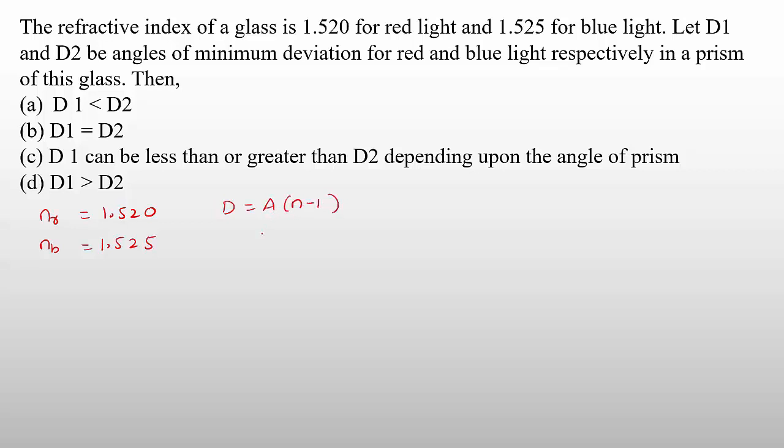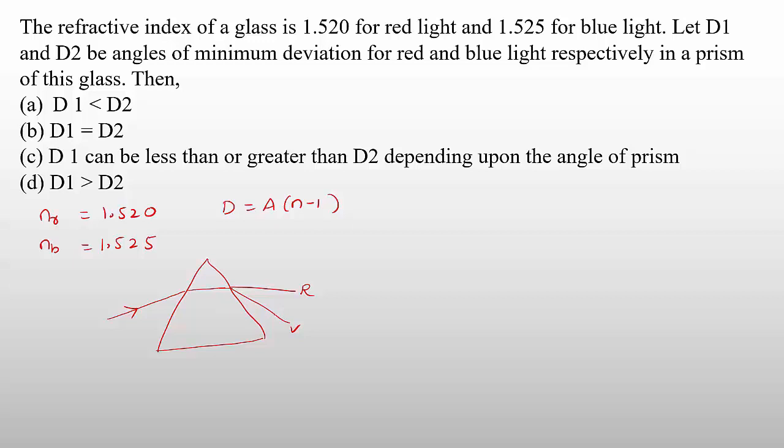Remember, when white light is split into 7 colors, let us consider a thin prism. This is a principal section of the prism. When white light enters the prism, it is split into 7 colors, from violet to red. Violet, indigo, blue: these light radiations are bending more. So refraction of light takes place.